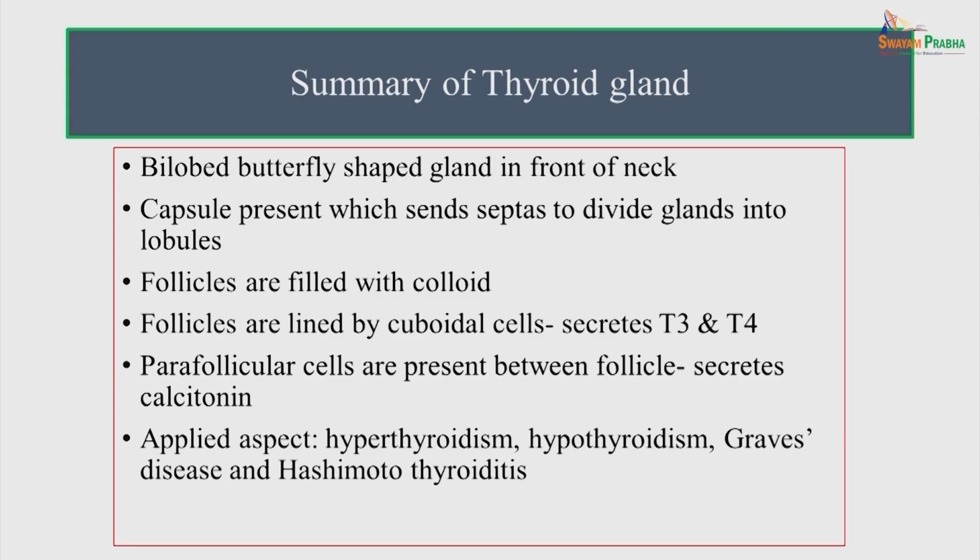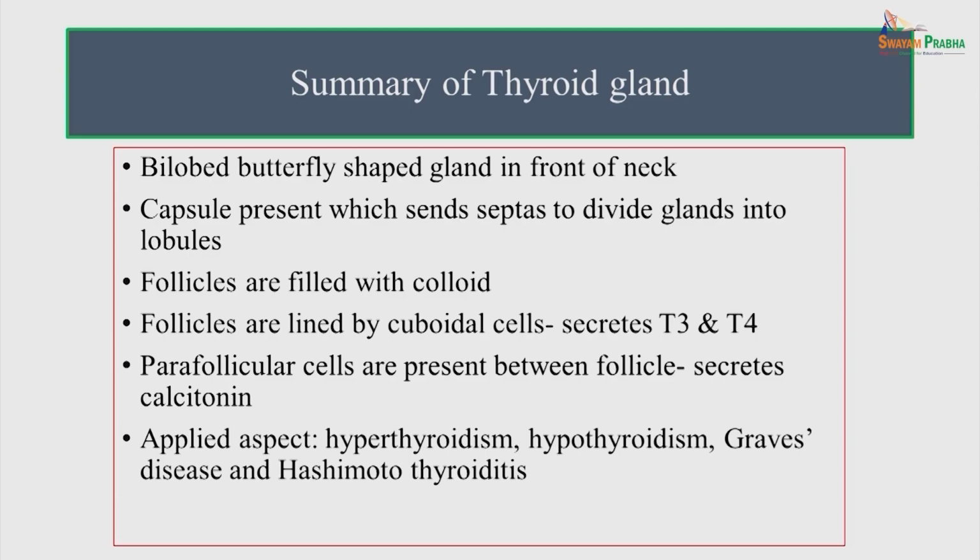In an active stage, these cuboidal cells become tall and are now columnar cells. These columnar cells will absorb the thyroglobulin from the colloid. Inside the follicular cells, they convert the thyroglobulin into T3 and T4, which again is poured through the basal surface of the follicular cells into the capillaries.